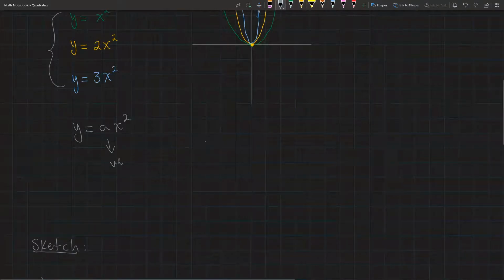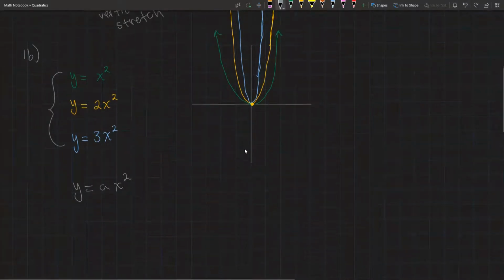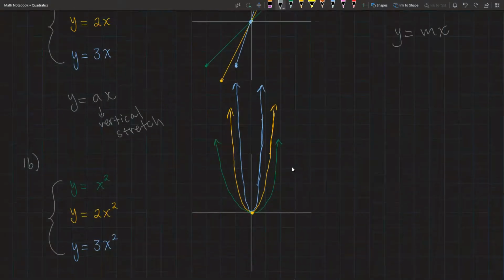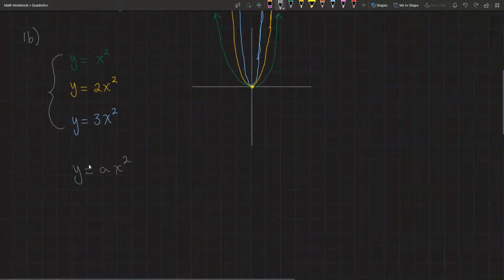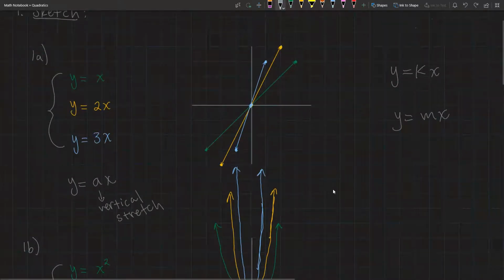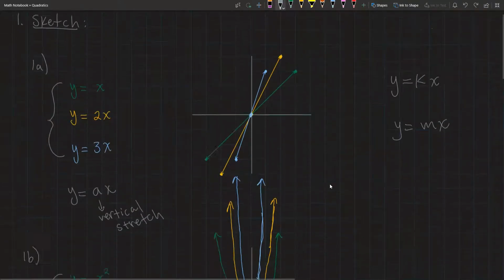I won't write it because I already wrote it one time, but you get the idea. We will think of that a term or coefficient as a vertical stretch. Sometimes it's called something else, so let's explore it. And remember that the a term can sometimes be negative, meaning all of these would reflect down here vertically. We've seen that before many times. We have experience with that one. All right, so there's the idea.